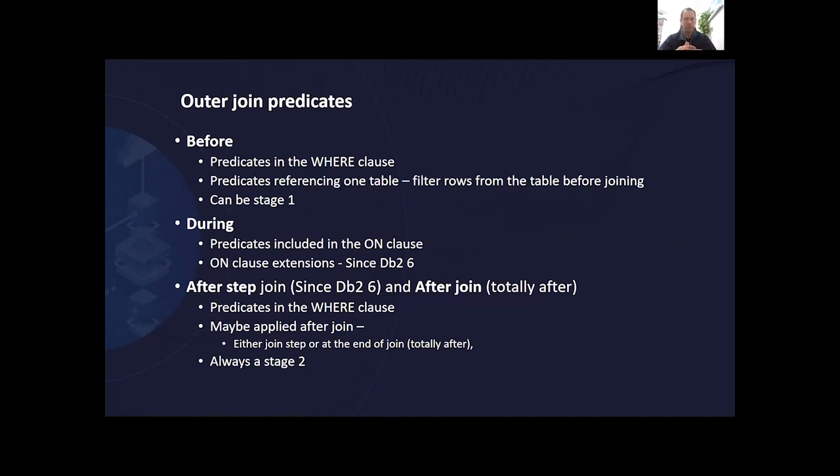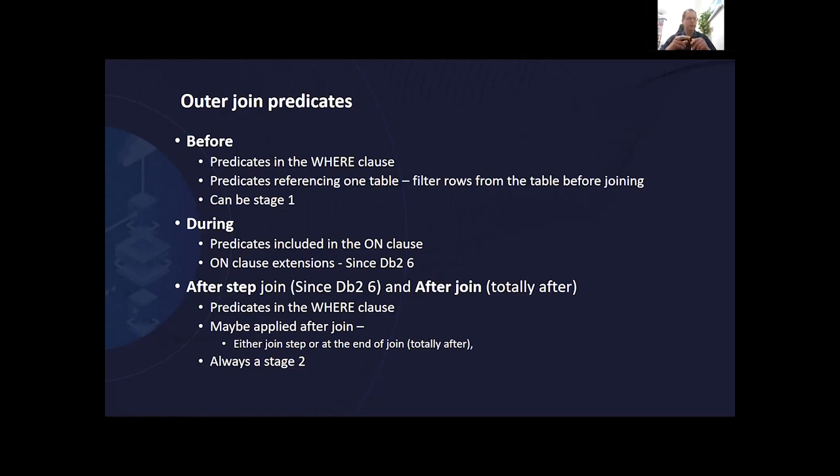So what about outer join predicates? We can differentiate between different types: before, during, and after. Before join predicates are predicates in the WHERE clause, and they can be stage 1, and they provide some filtering. So even before DB2 does the join, it can filter some rows out, which means it will work with less data. During means that predicates are included in the ON clause and are evaluated during the join.